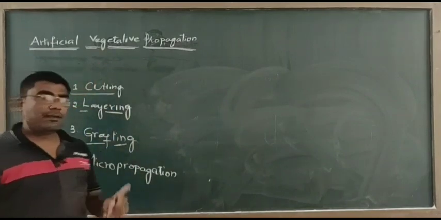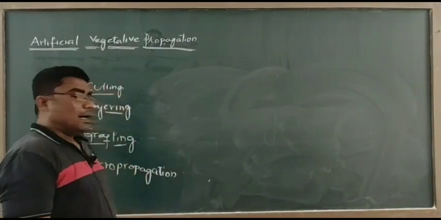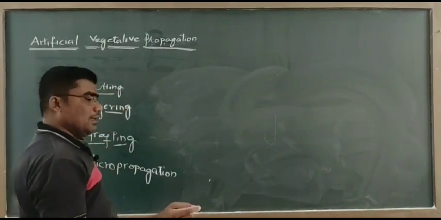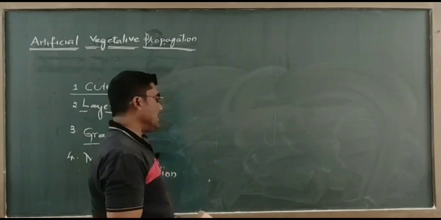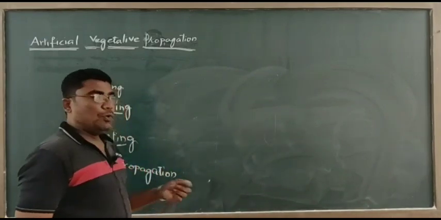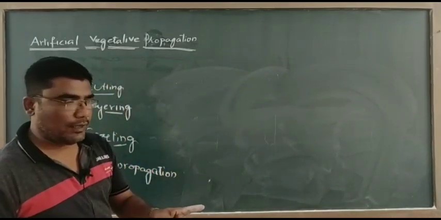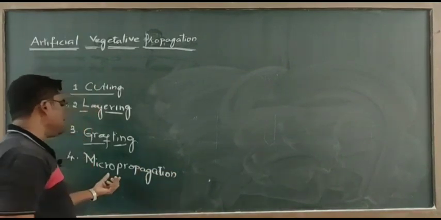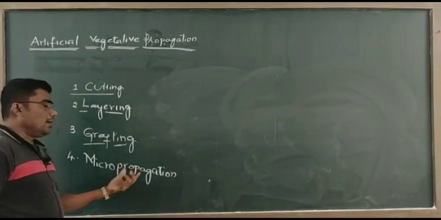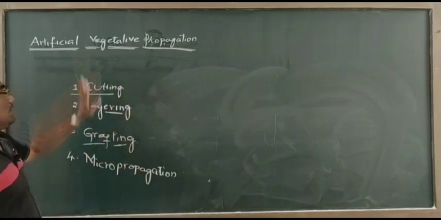It is the method where an isolated cell, tissue or a piece of an organ is grown into a new plant in the laboratory on nutrient medium in controlled conditions. That is the micropropagation or plant tissue culture method of vegetative propagation.